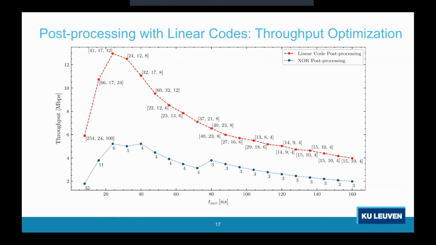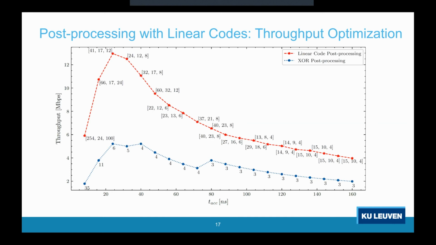Then, for different accumulation times, we calculate the lower bound on the mean entropy of the raw bits, and from the list of suitable codes, select the first one with lower minimum necessary mean entropy of the raw bits. This figure shows maximum achievable throughput for different accumulation times. You can see that the highest throughput is around 12.9 megabits per second, and is achieved for the accumulation time of 24 nanoseconds.